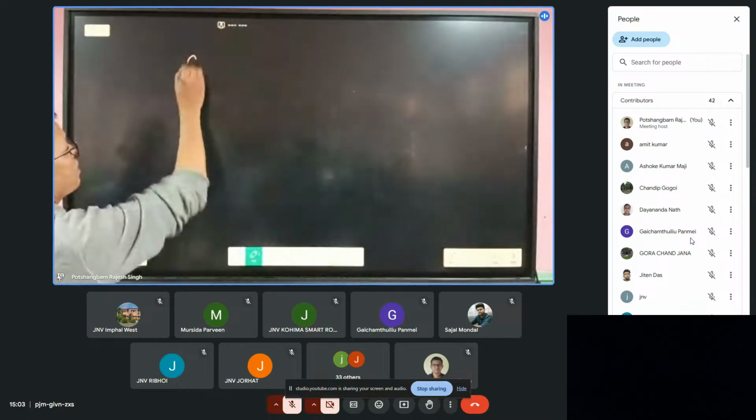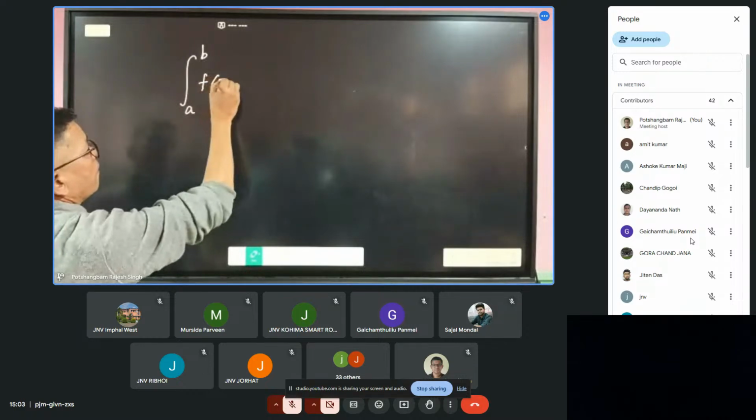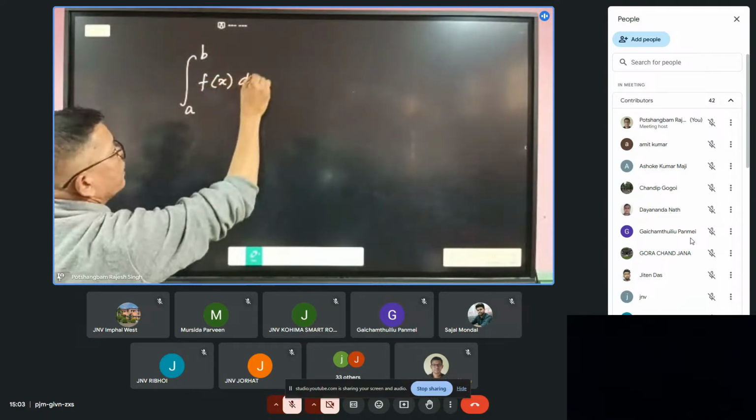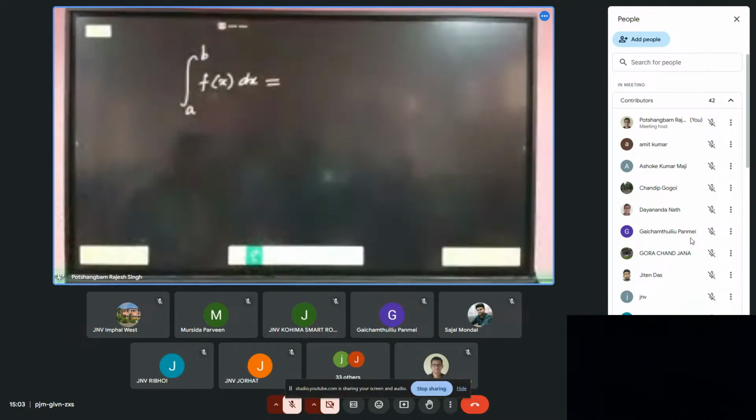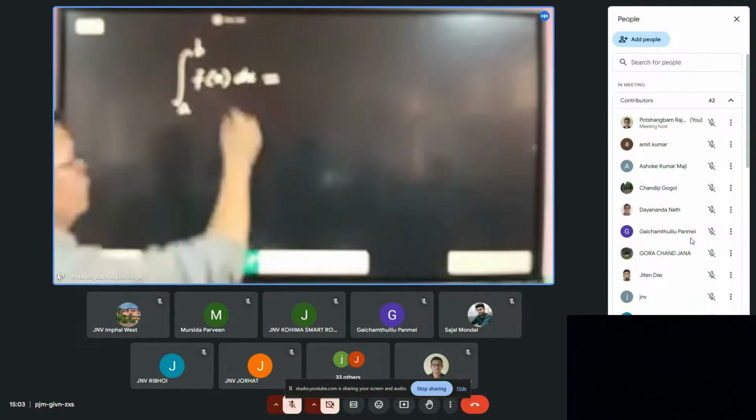What does this definite integration say? This definite integration represents area. What type of area? Not every area is represented by this definite integration.